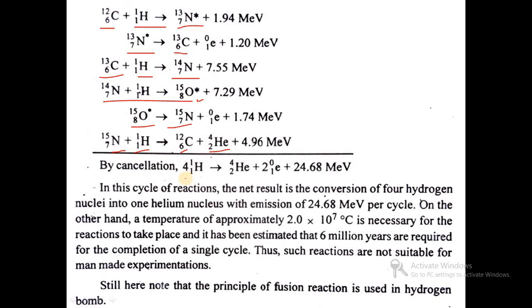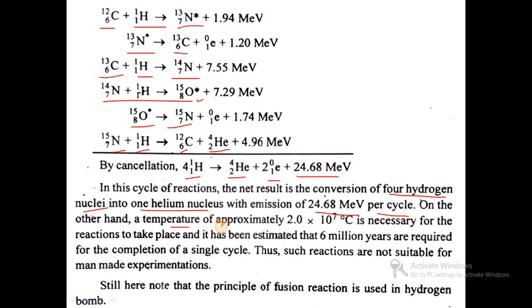Then nitrogen-15 combines with a proton and we get carbon-12 with a helium nucleus. Overall, 4 protons combine and we get a helium nucleus with the emission of positrons and a large amount of energy, 24.68 million electron volt. So in this cycle of reactions, the net result is the conversion of 4 hydrogen nuclei into 1 helium nucleus with the emission of 24.68 million electron volt per cycle.